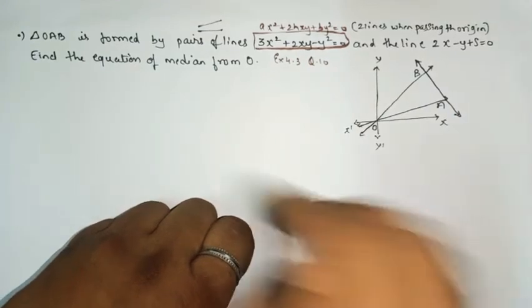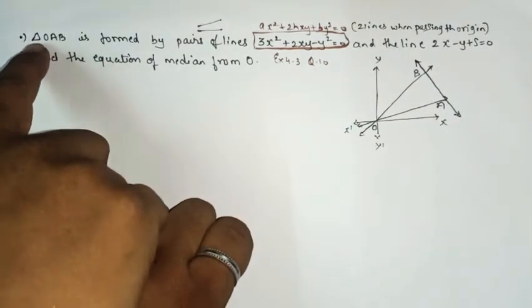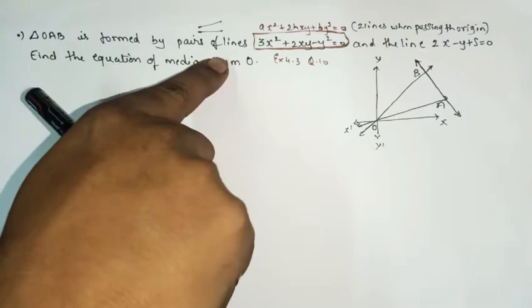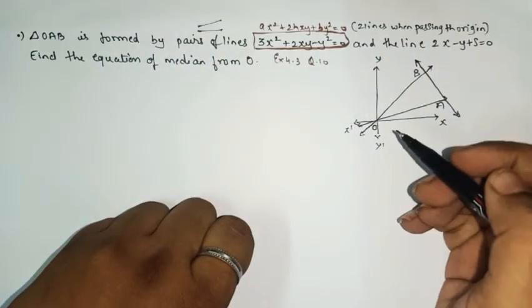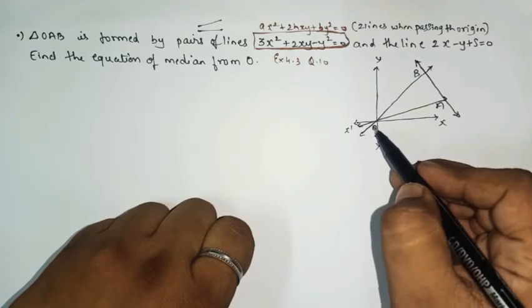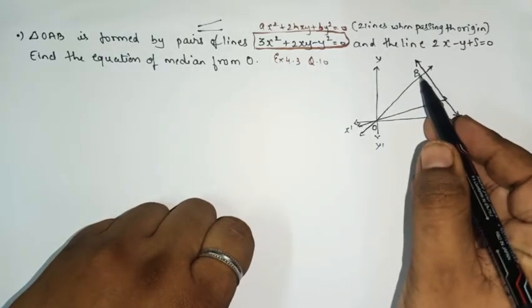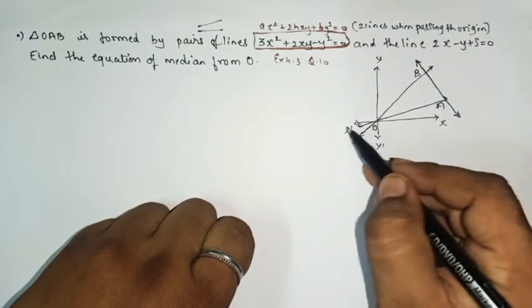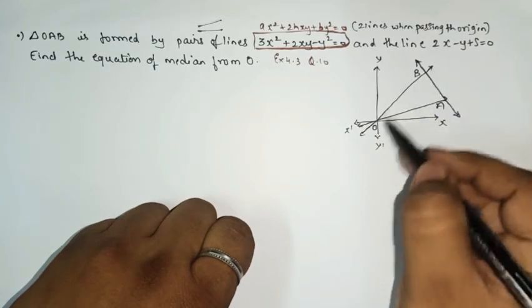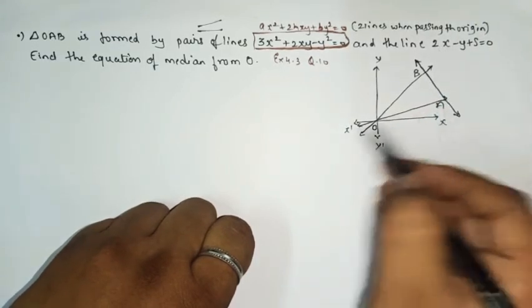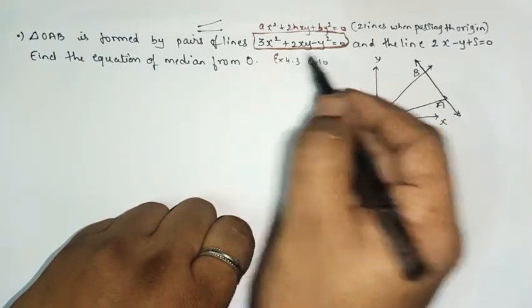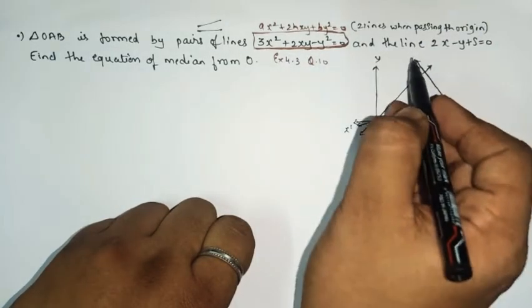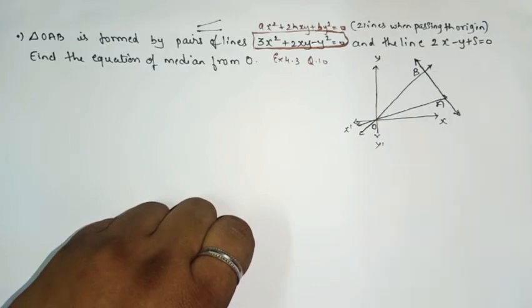Now the question says that triangle OAB is formed by a quadratic equation and the linear equation. So we got a triangle OAB formed by this combined equation, which is passing through the origin, and there is one line passing through A and B which forms a triangle.